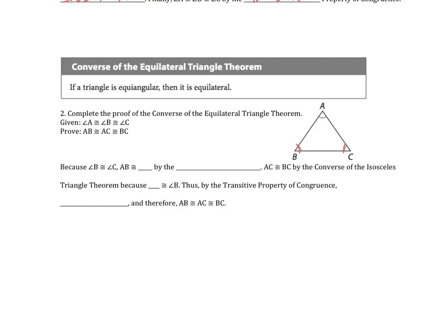We then know that AB is congruent to AC by the converse of the isosceles triangle theorem. And then AC is congruent to BC by the converse of the isosceles triangle theorem because angle A is congruent to angle B.